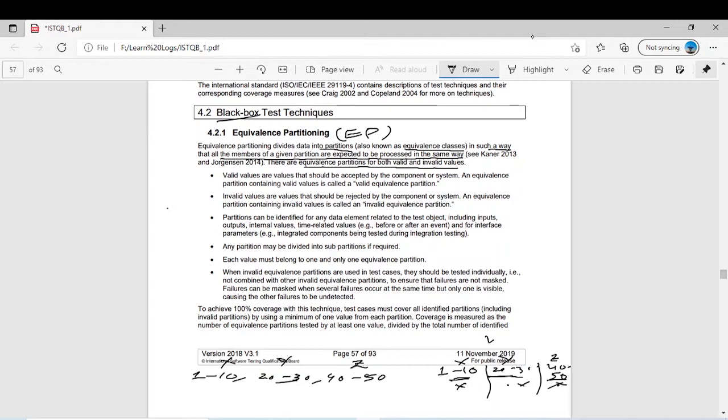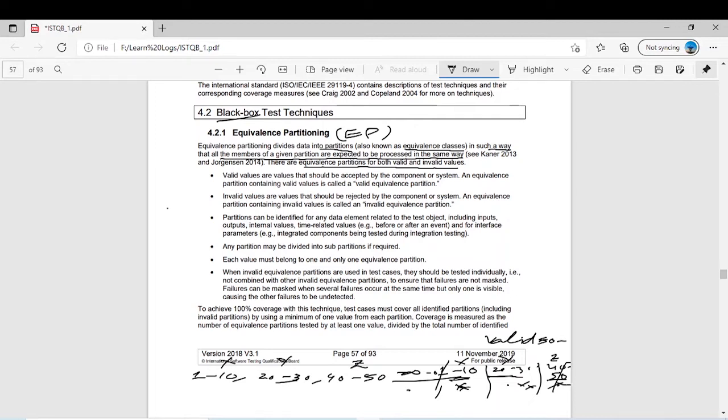These were all the valid classes. Let's say if the value is less than 1, for example minus infinity to 0, that's the first invalid class. And if it is not allowed to be greater than 50, then 51 to positive infinity is again an invalid class. So if they ask you in the exam to find the minimum test cases for all valid values, you know 1 to 10, 20 to 30, 40 to 50, you have 3 test cases.